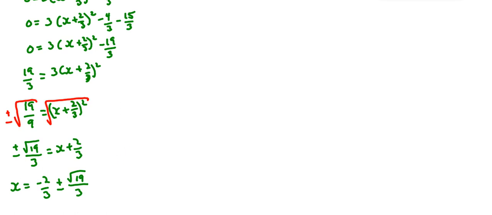It tells me that I have an x1, my first x value that solves this quadratic equation, is negative 2/3 minus root 19 over 3. The other value of x that also makes this equation true is negative 2/3 plus root 19 over 3.